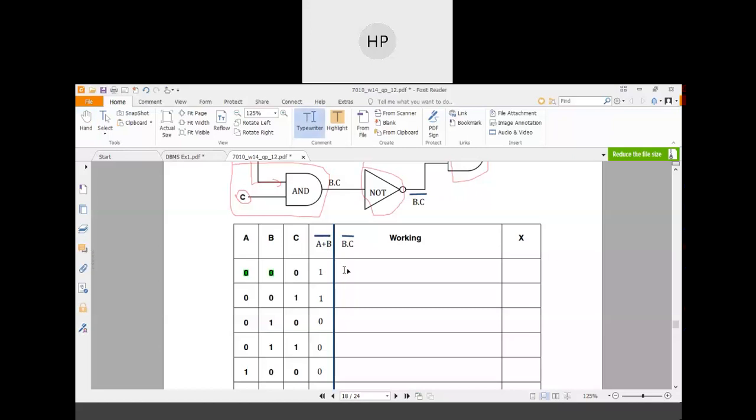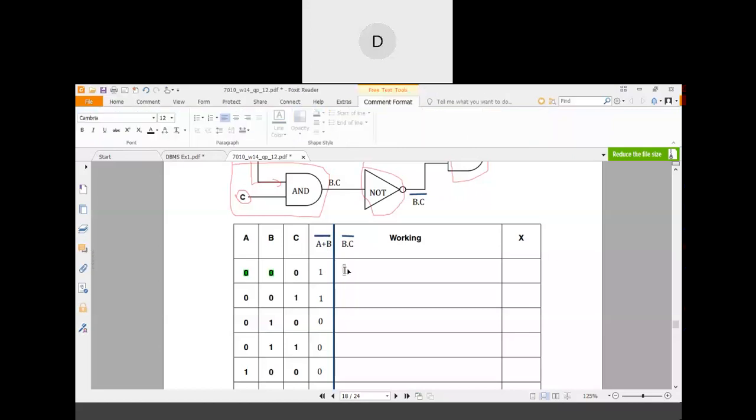First row, B 0, C 0. 0 times 0 is 0, inverted becomes 1. Okay. Then B 0, C 1. 0 times 1 is 0.